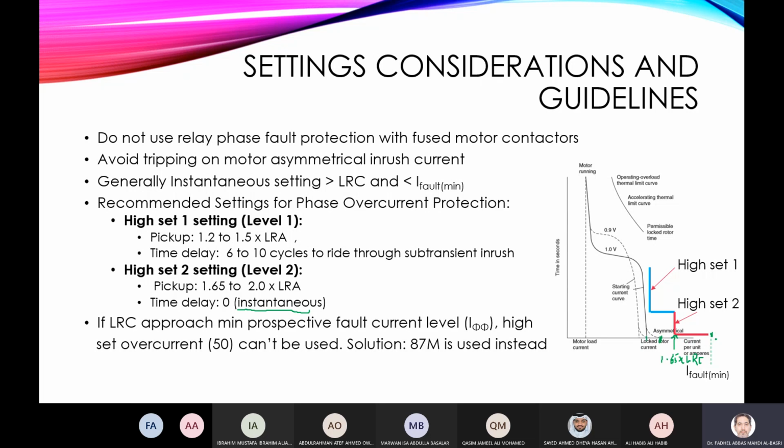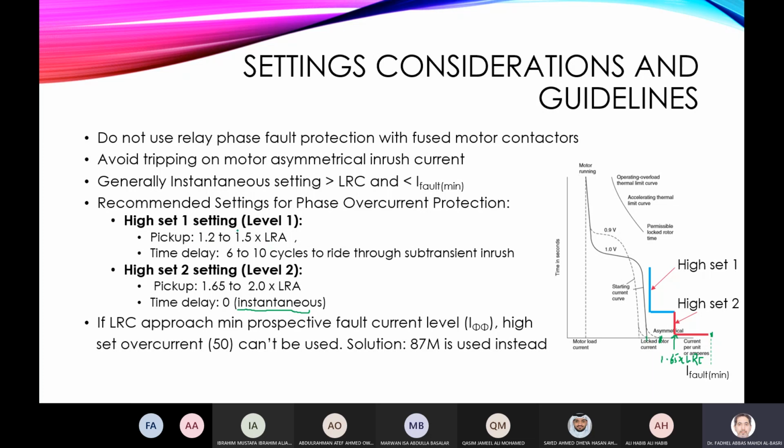But if you choose this setting beyond the minimum, you will not detect the minimum fault current, but you will detect, let's say, three-phase fault currents. So this is the first setting. Second, you can sometimes have a more sensitive setting, but you have to delay it. I can still go closer to the locked rotor current, higher by 20 to 50%, 1.2, sometimes we use 1.1 to 1.2.